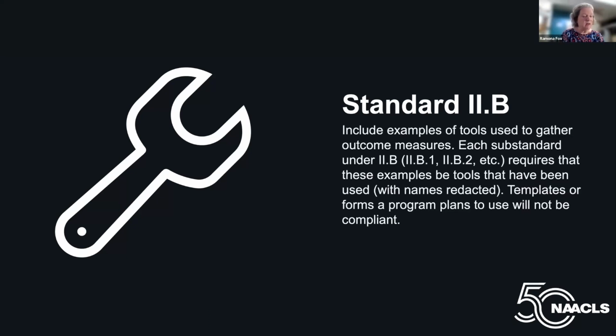Another thing that happens a lot is some programs are doing quite well, and on their outcomes measures, they're meeting all of their benchmarks and or NAACLS benchmarks. So we will see data presented in advisory committee meetings showing that, you know, our program's doing really well, but you need to be careful that you just don't submit a PowerPoint as proof that everything was discussed.